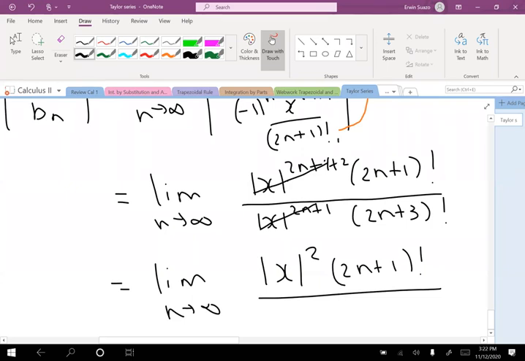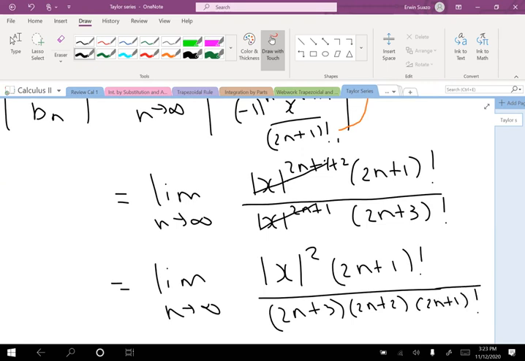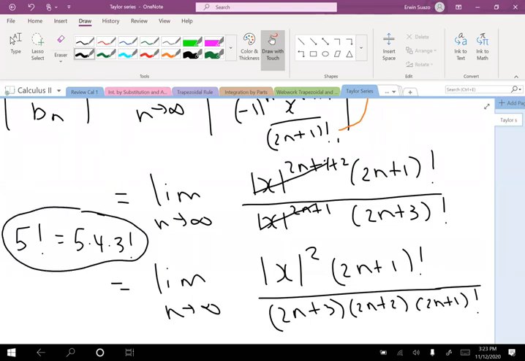But what is (2n plus 3) factorial? It is 2n plus 3 times 2n plus 2 times (2n plus 1) factorial. It's like saying 5 factorial is equal to 5 times 4 times 3 factorial. Okay, this is an easy observation. So I can simplify these.